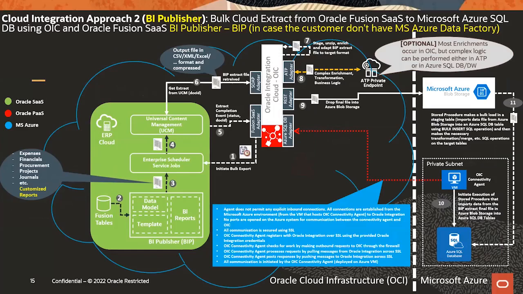We can trigger that job, and then we can receive an event with the completion of the job, and then we can get the metadata and extract the file from the UCM, the Universal Content Management, within Fusion, and then we can do the same, drop the file off into Azure Blob Storage.